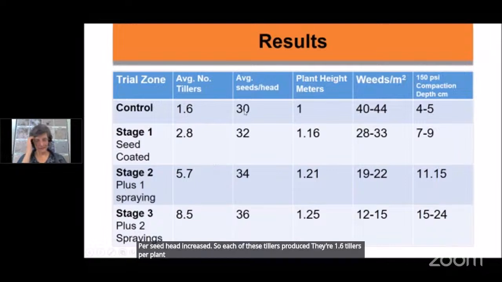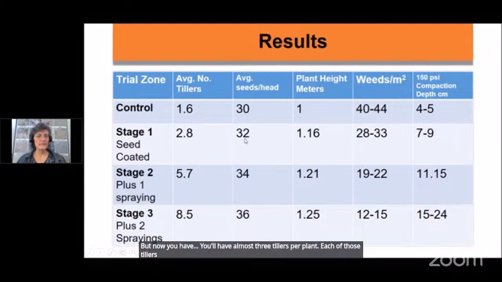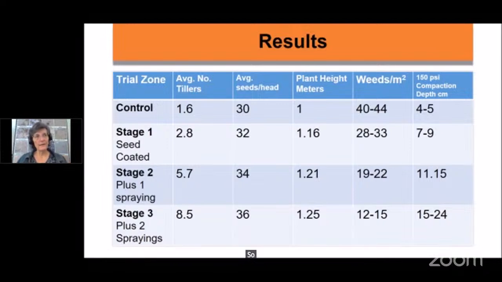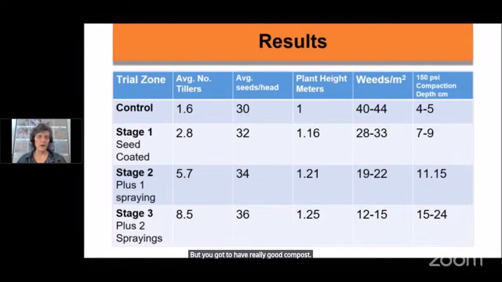So the head had 30 seeds, but now you have almost 3 tillers per plant. Each of those tillers produced a seed head, each of which had 32 seeds. So even more than tripled yield here with just an application of the proper biology on the seed. But you got to have really good compost. That's the part that you have to have.